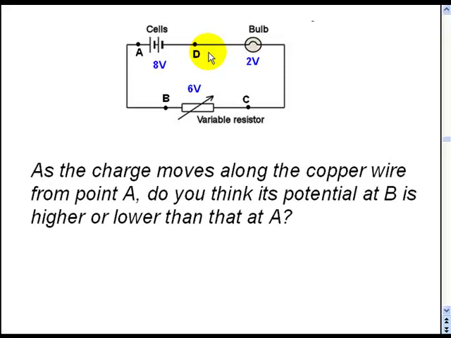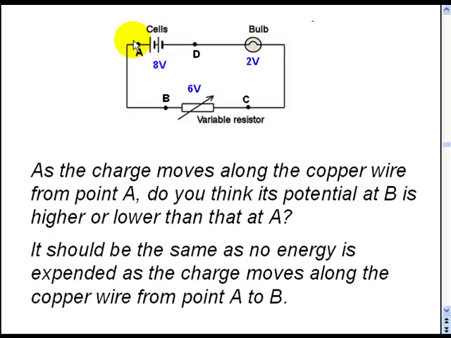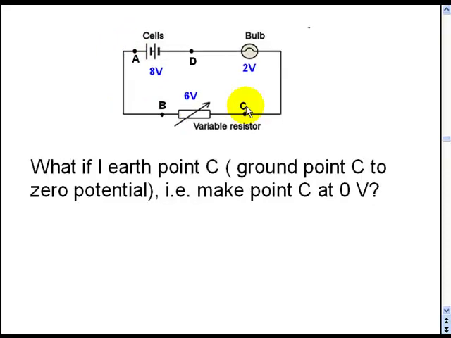As the charge moves along the copper wire from point A, do you think its potential at B is higher or lower than that at A? It should be the same, as no energy is expended as the charge moves along the copper wire from A to B. What about point C?